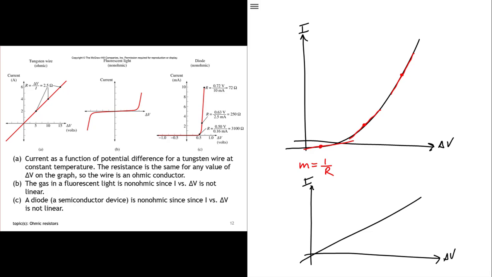The graph in the middle represents a gas in a fluorescent light, and this is clearly non-ohmic since the current versus potential difference graph is not linear. In other words, resistance changes as a function of potential difference. And C represents a diode, which is a semiconductor device. This diode is non-ohmic since, once again, current versus potential difference is not linear.